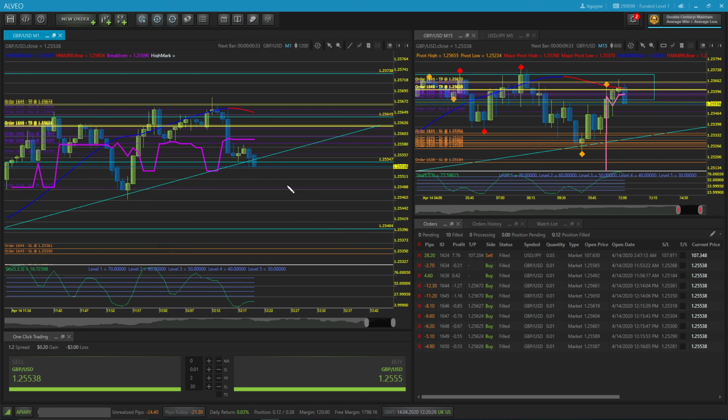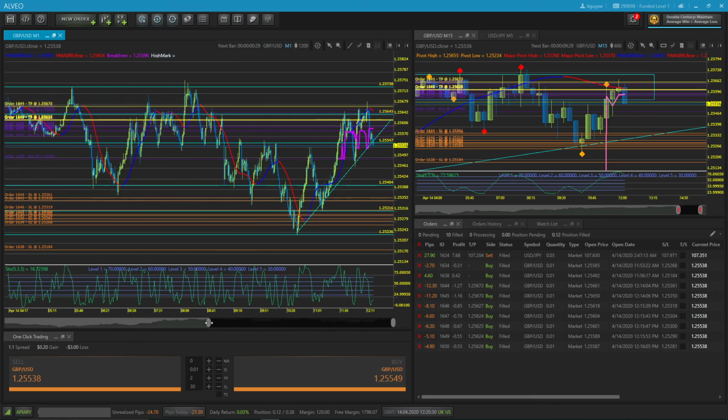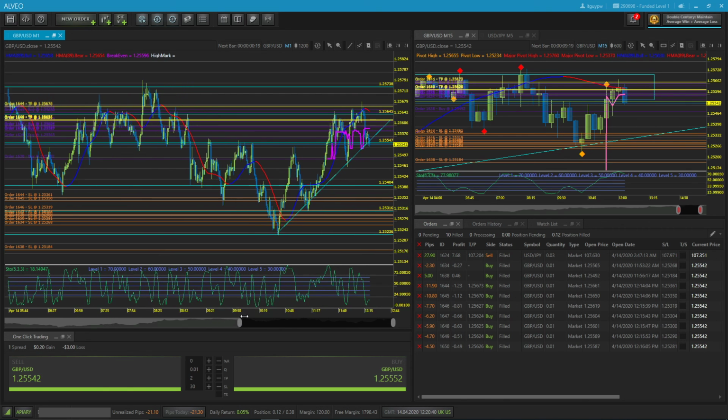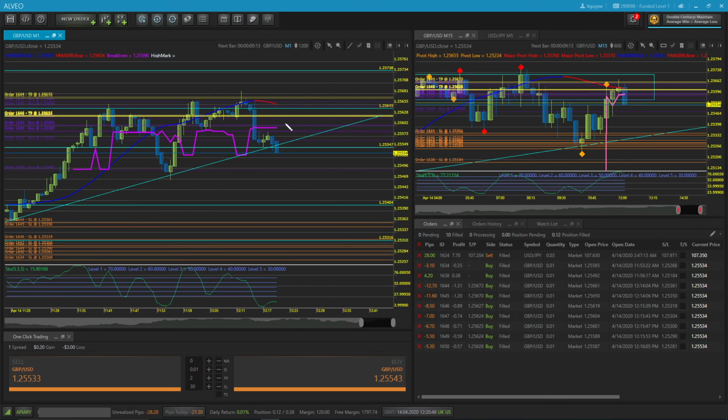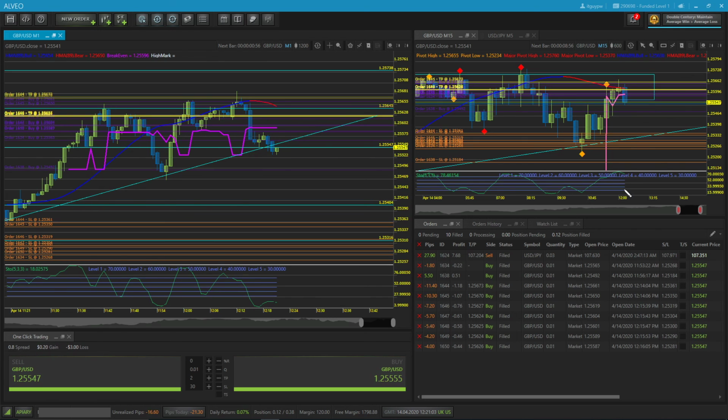Kind of breaking that trend line, so we'll keep a good eye on it here. Still pretty high in the stochastic over here on the 15-minute.